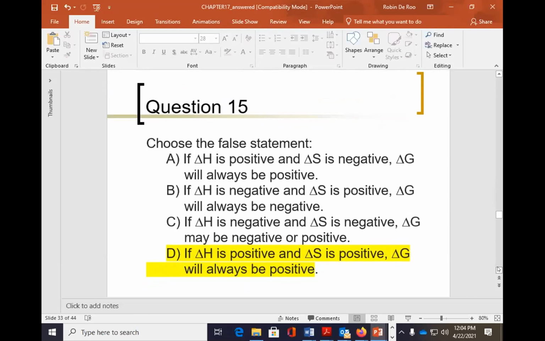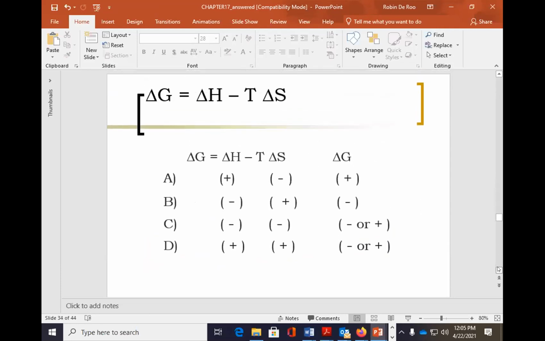This is that video again, and that table. So yeah, this is the table. Back to the free energy equation.